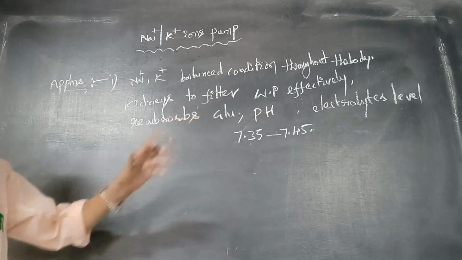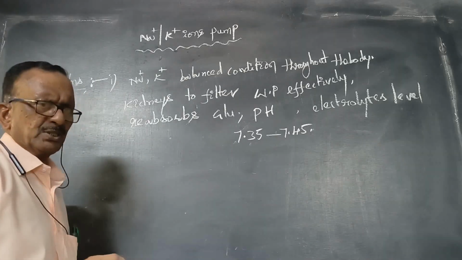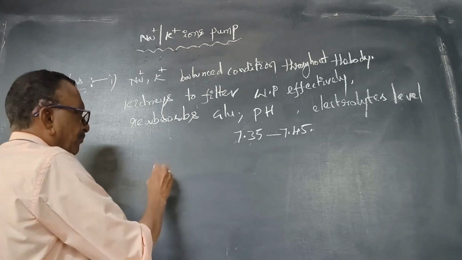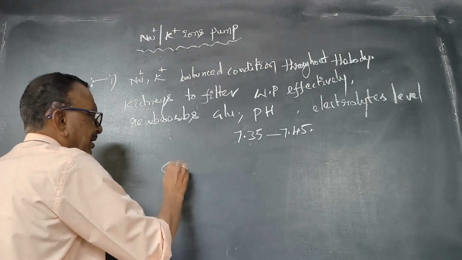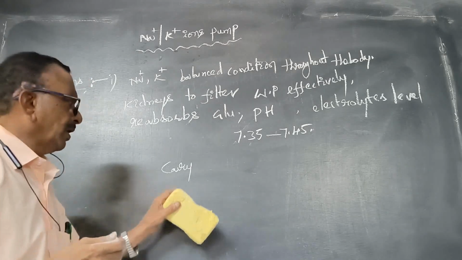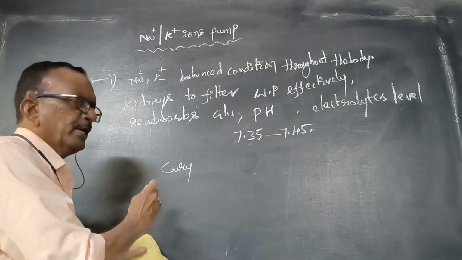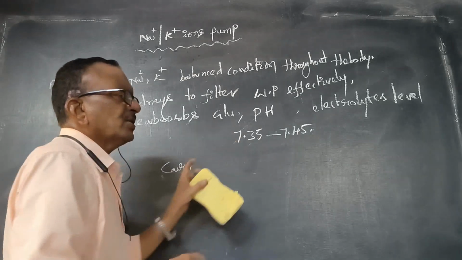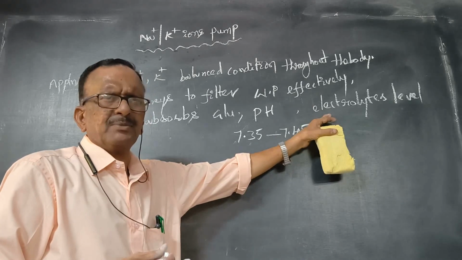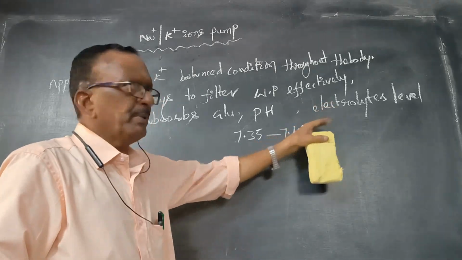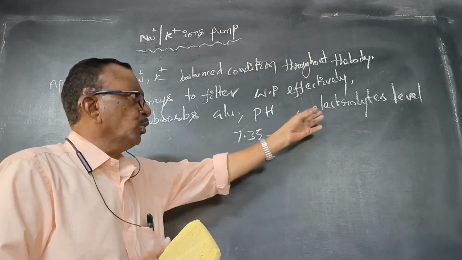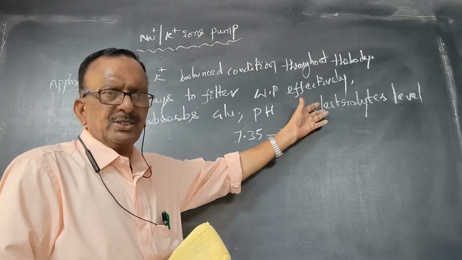Electrolyte means any substance, which may be an atom or a molecule or ion, which allows the electricity to flow through it, or it will move from one end to another end by carrying the charge. Electro means charge possessing ions generally. So electrolytes level means not only sodium and potassium, other element ions are also taken as electrolytes.